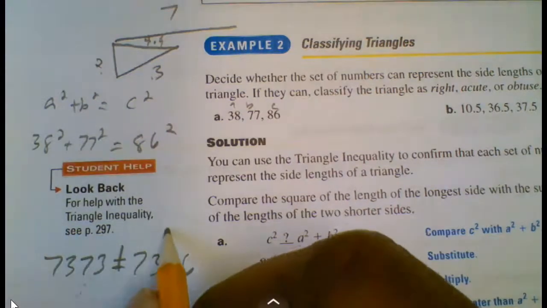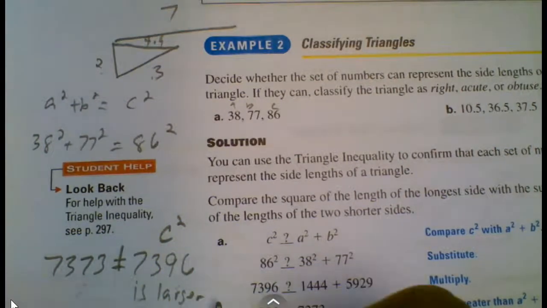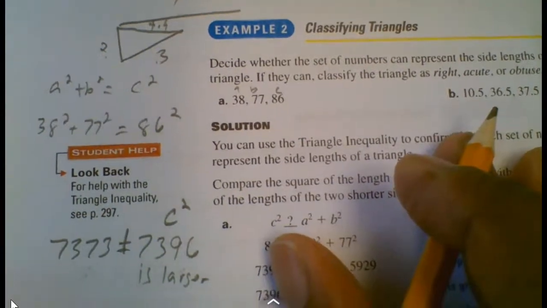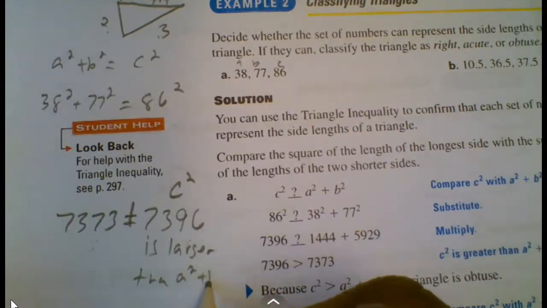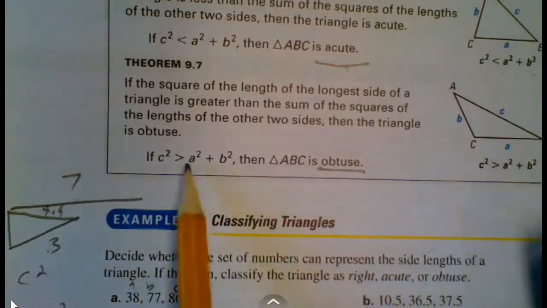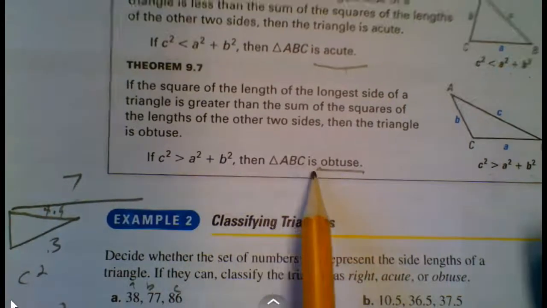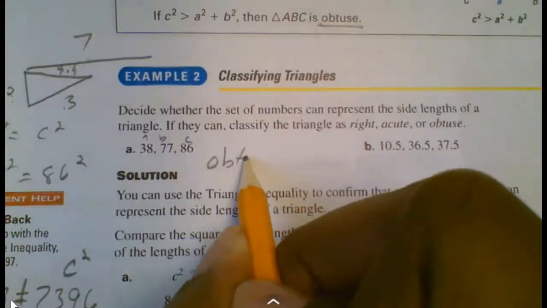So in this case, C squared is larger than A squared plus B squared. The theorem says that if C squared is larger than A squared plus B squared, the triangle is obtuse. So this triangle has to be obtuse.